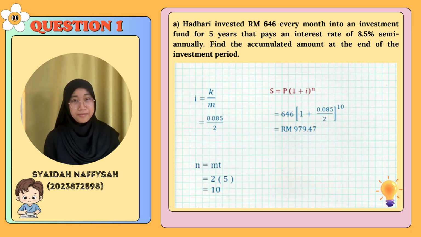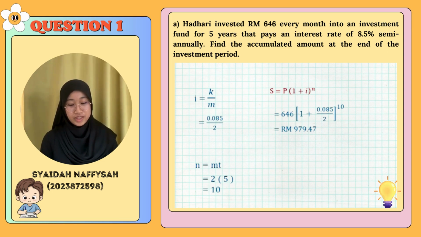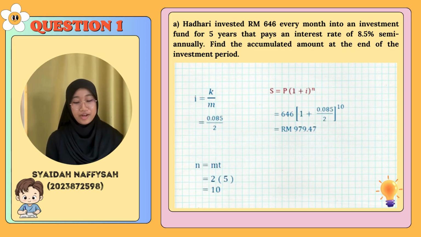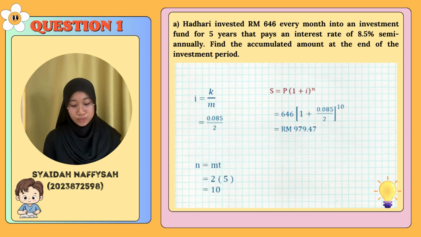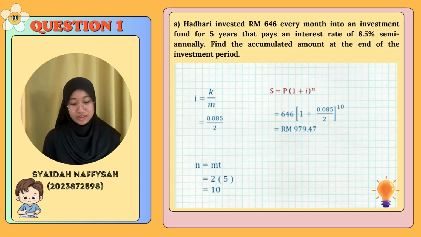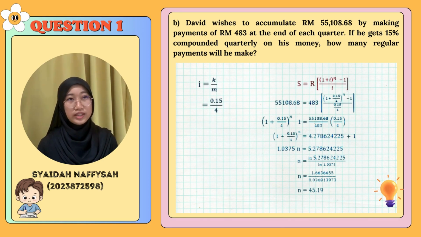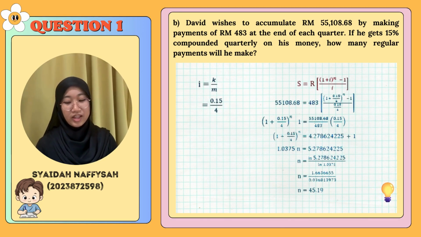For the next step, S equals P(1 + i), which is 646(1 + 0.085/2) to the power 10.